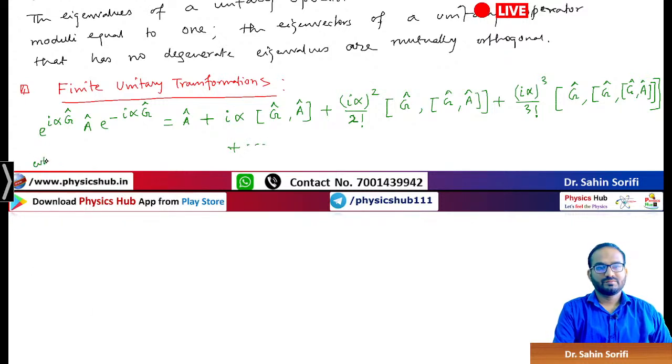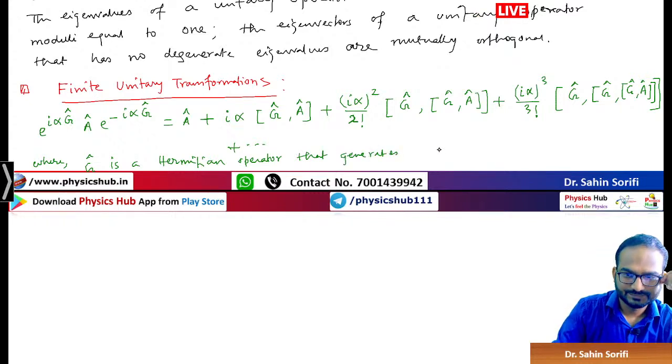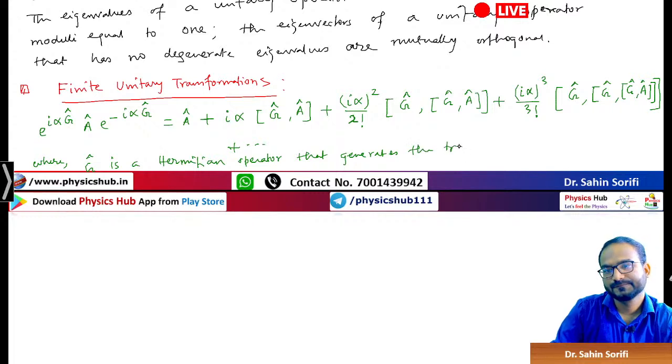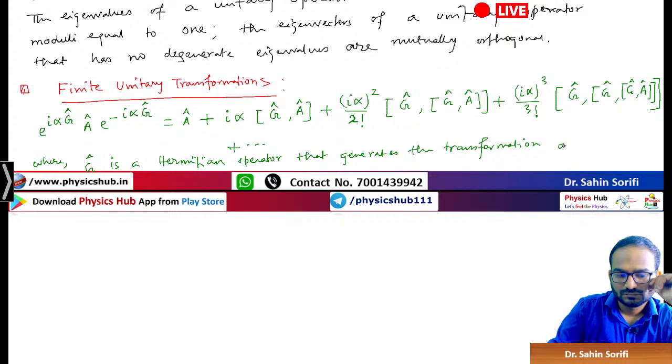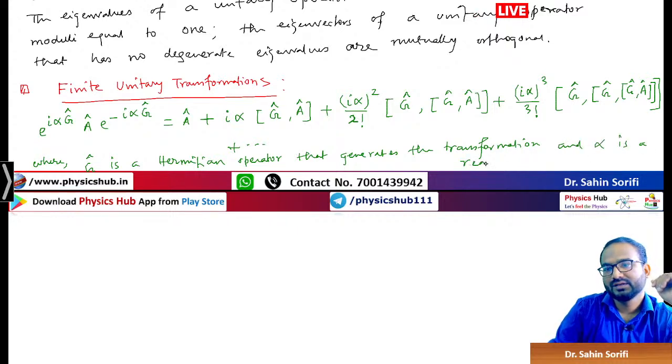So you remember that G is a Hermitian operator that generates this transformation, and alpha is a real scalar parameter.